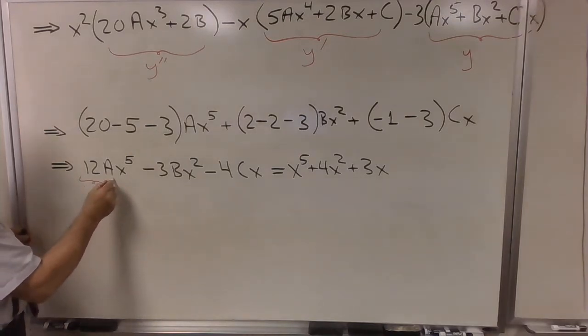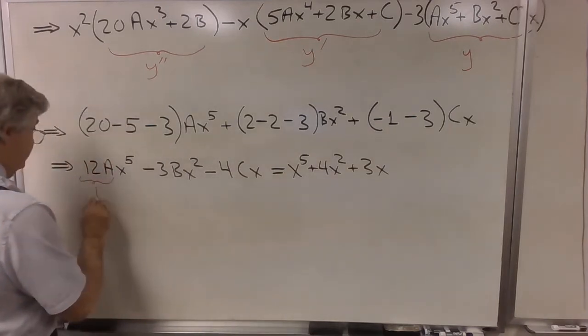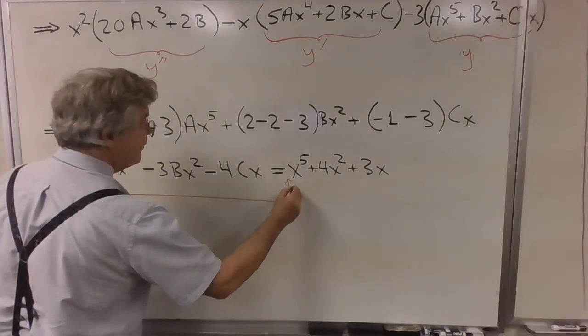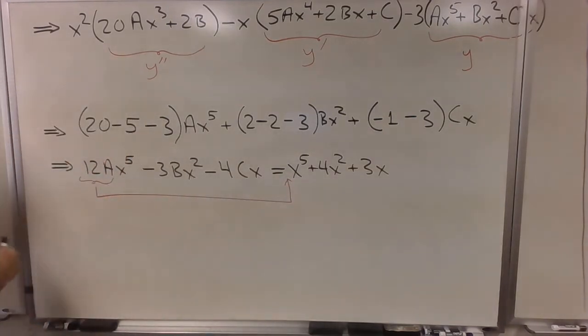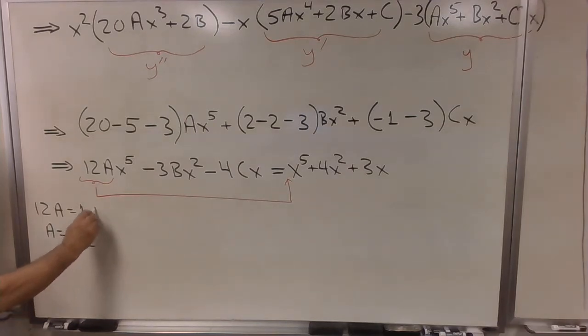This guy has to be equal to 1. So 12a equals 1. And so a equals 1/12.